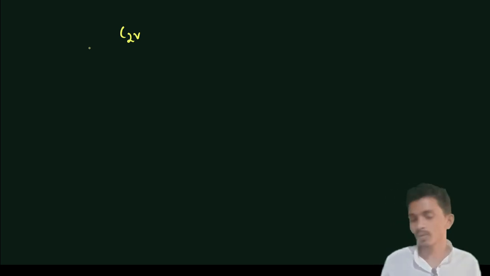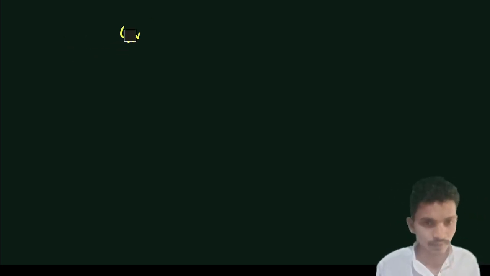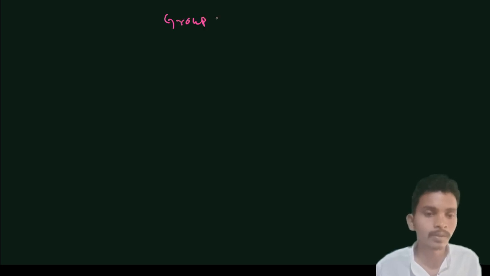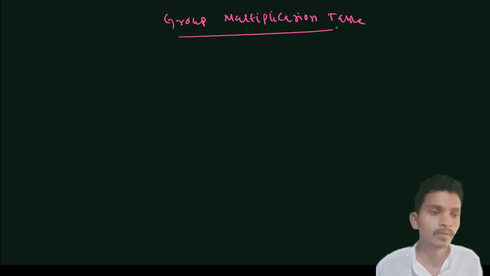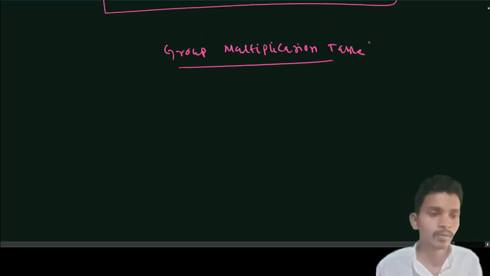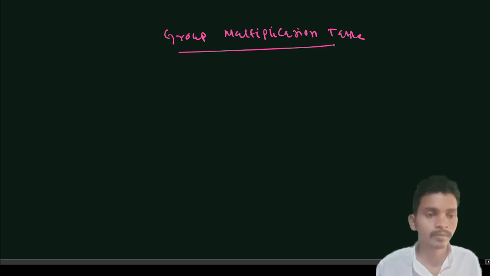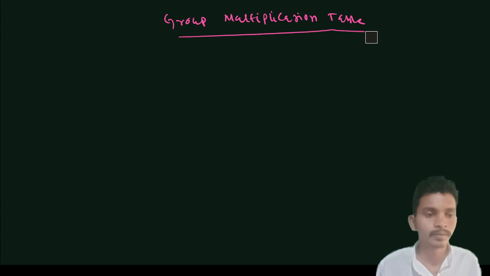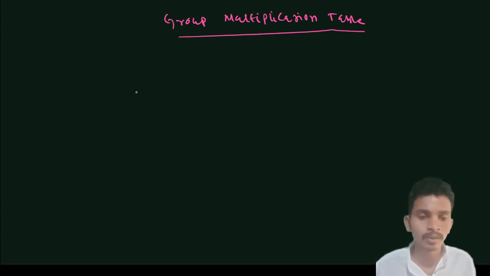So we will now do the group multiplication tables. So now we will discuss a group multiplication table. Okay, so we will discuss first with C2B molecules only.